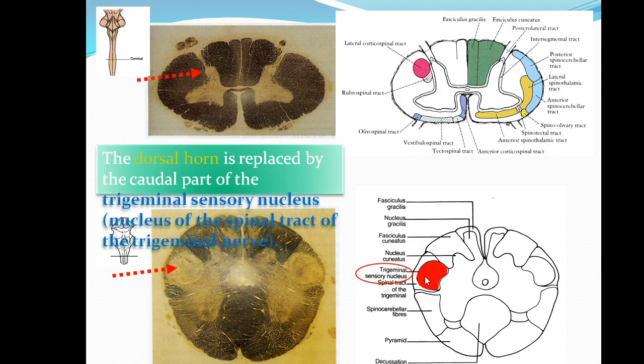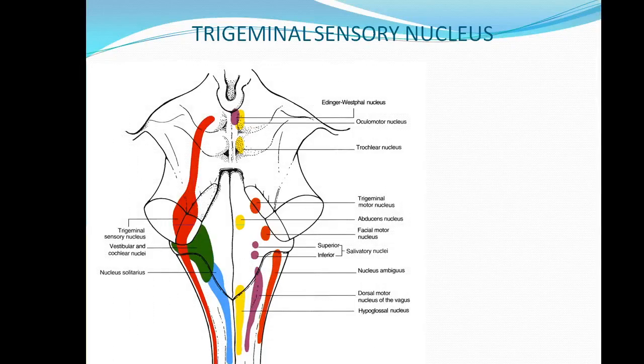Here you can see the formation of the nucleus of the spinal tract of the trigeminal nerve. The sensory nucleus of the trigeminal nerve here is a very long nucleus extending through the whole of the brainstem.